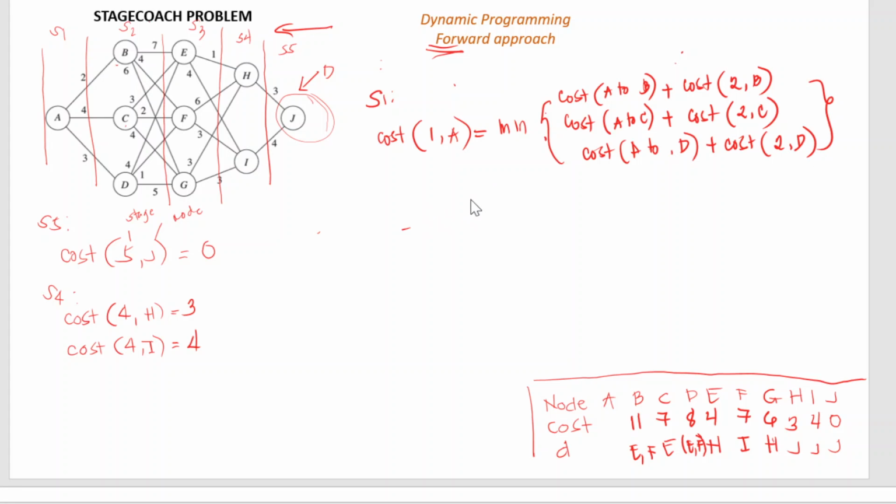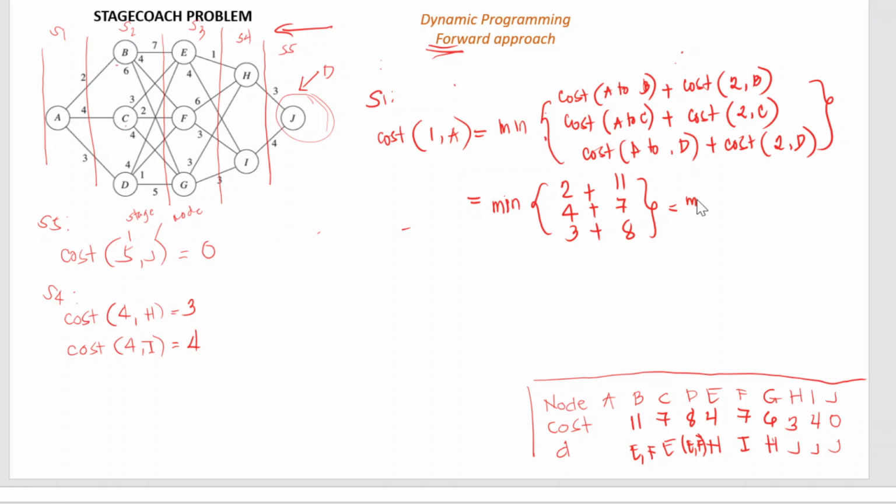Okay, so that would be equal to the cost of A to B. I would be applying it, migrating 1, 2, 4, and 3 plus. Okay, I have B, C, D: 11, 7, 8.